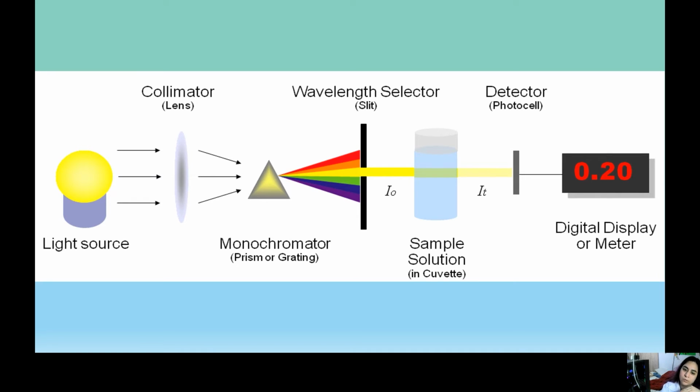These are going to pass through the cuvette that has the solution we are going to test, and the photometer is going to detect the amount of photons that were absorbed by the solution, and is going to send a signal to the digital display, and this signal is composed of electrons.